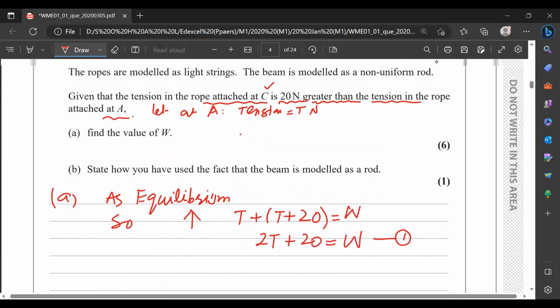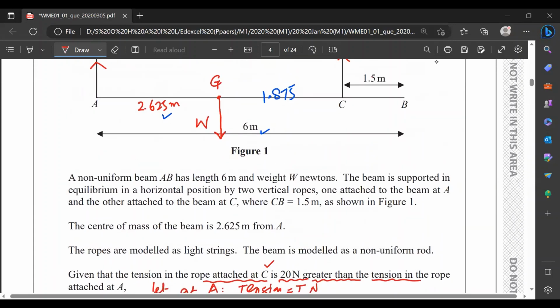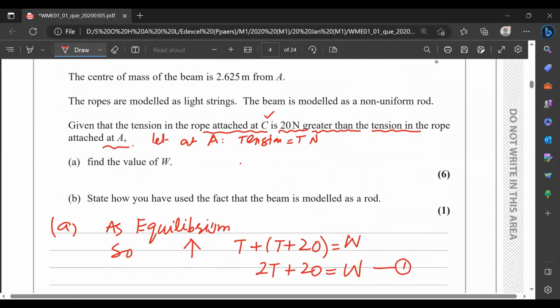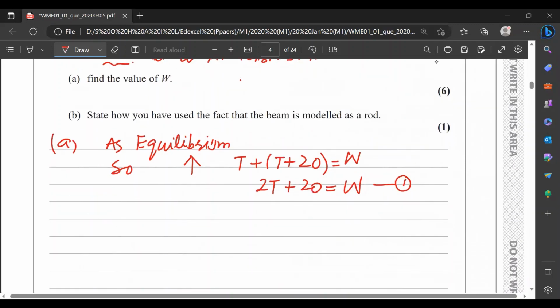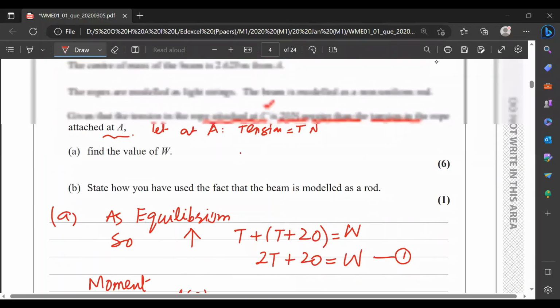Next, as it is in equilibrium, we can take moments about any point. Let us take G. Taking moments about G, as it is in equilibrium, anti-clockwise moment equals clockwise moment.